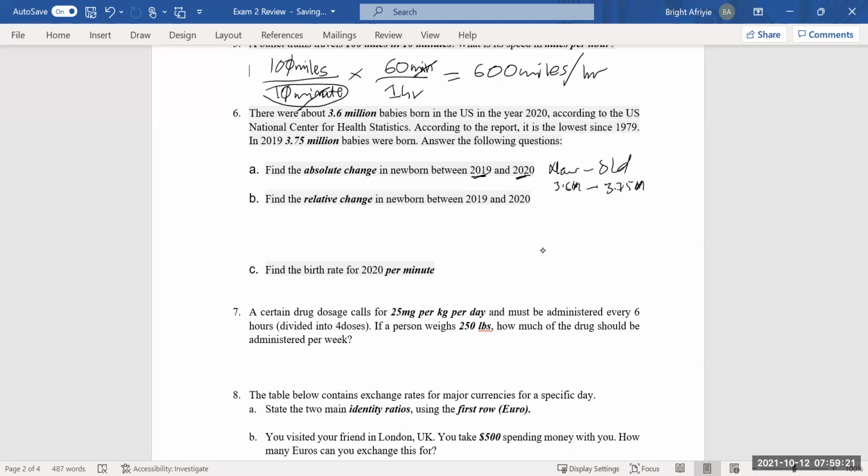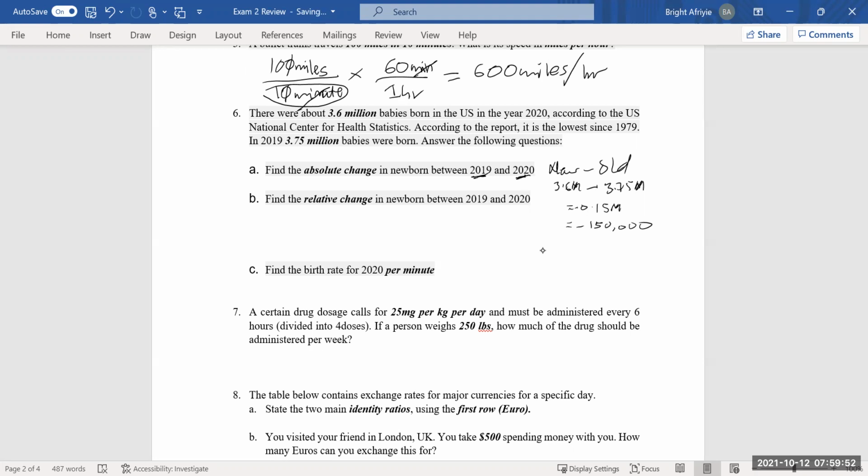Now this is going to give us 0.15 million, and this is actually a negative answer, right? So this is negative 150,000. That okay? So that is the absolute change.